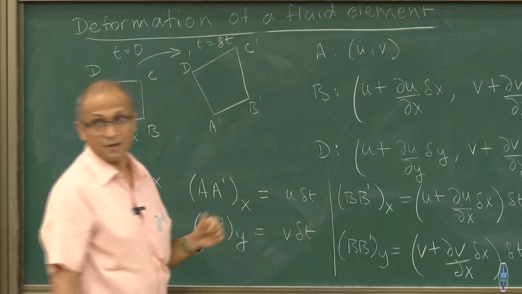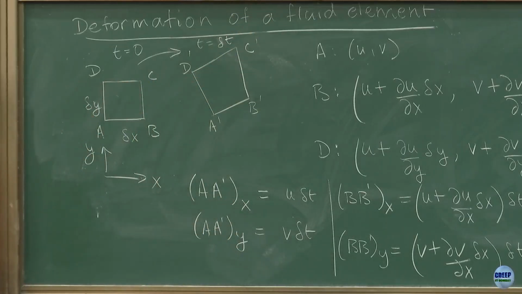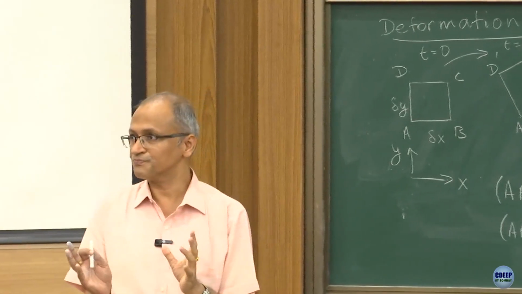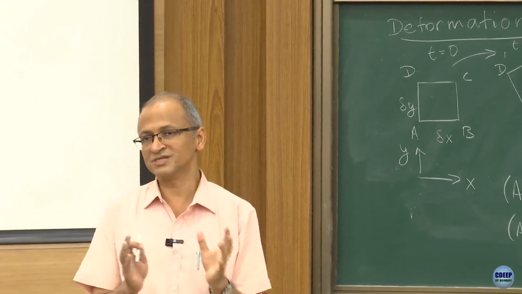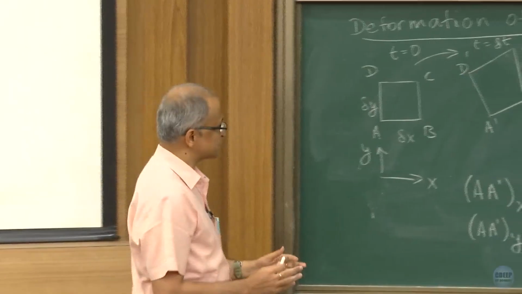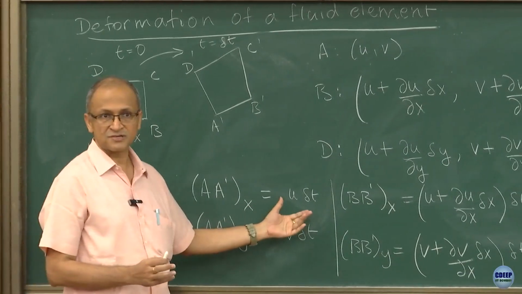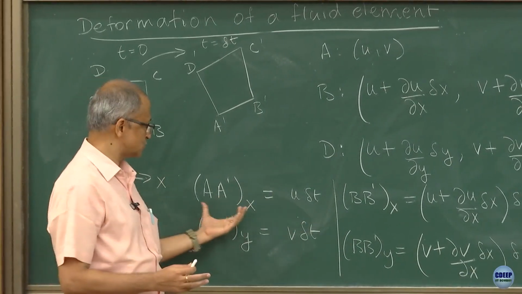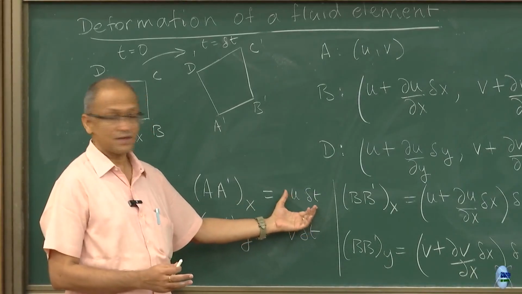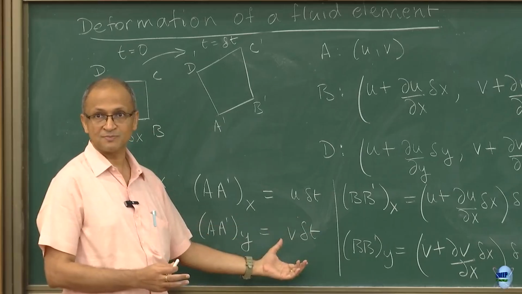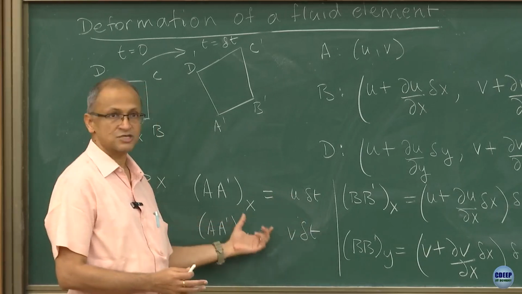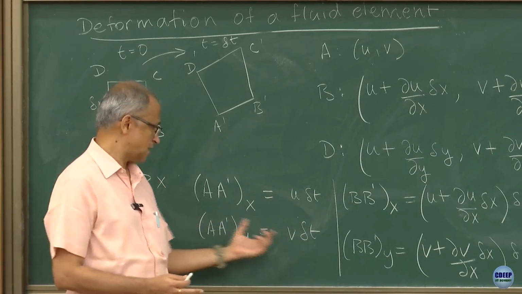In translation, the object just moves without changing its shape. So how much would it move? If I have to find out the translation part, point A is moving by u times delta t along the x direction and v times delta t along the y direction.